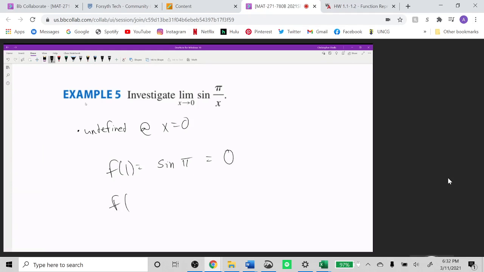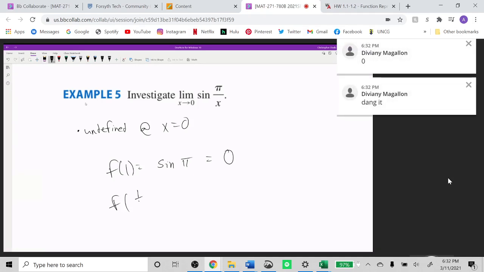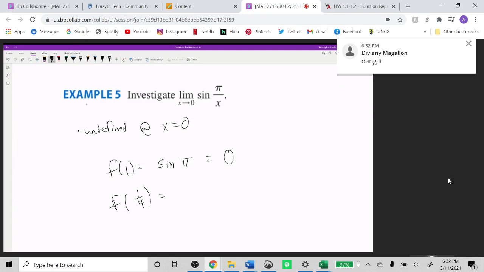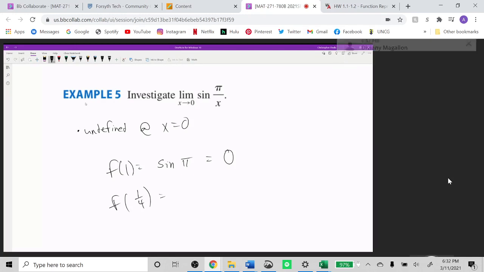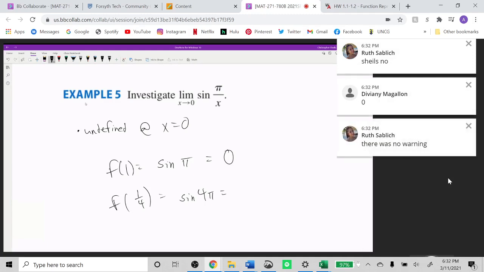So let's skip a few here. Let's go to f of 1/4. What do I get if I plug 1/4 in here? I get sine of 4 pi. What's sine of 4 pi? This is also 0.